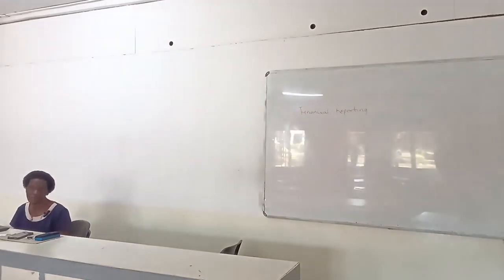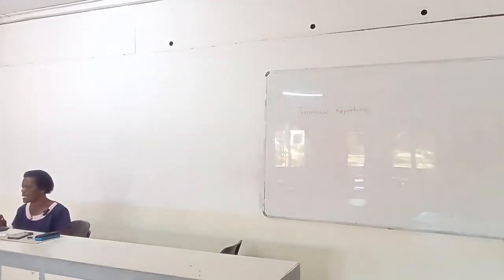Presentation currency. Maybe it's a multinational company. Yes, you are supposed to indicate the currency that you are using. How about level of rounding? What do we mean when we say level of rounding?